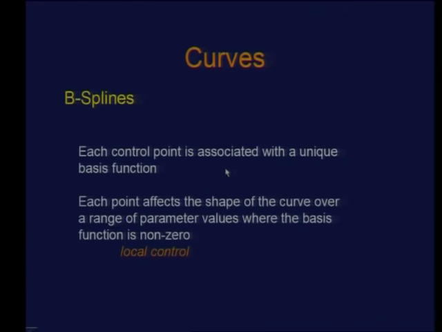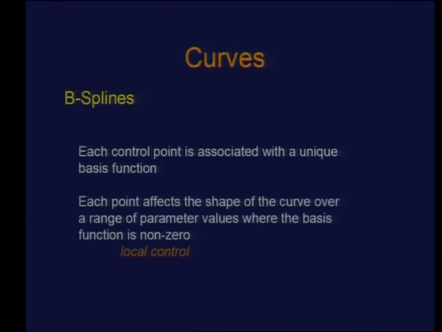So, in turn what happens is that the influence, the way a point on the control polygon affects the shape of the curve, it actually is in a range of the parameter values. It is not the entire range of the parameter values, but a sub range, and in turn we get the local control, which is not the case in the case of Bezier curves, right.